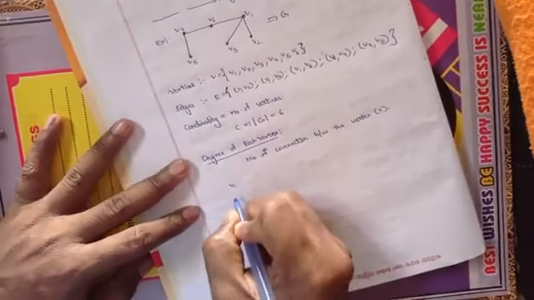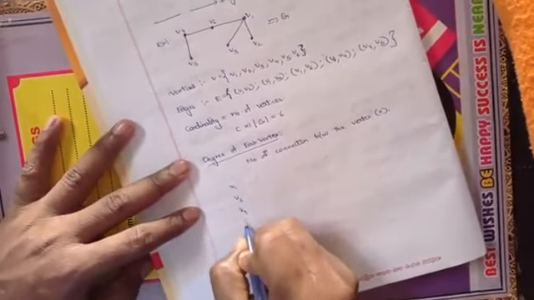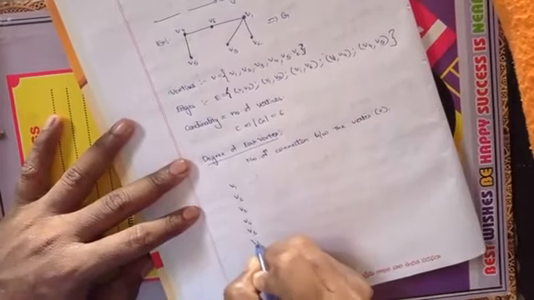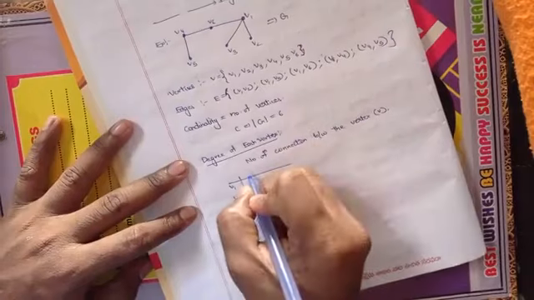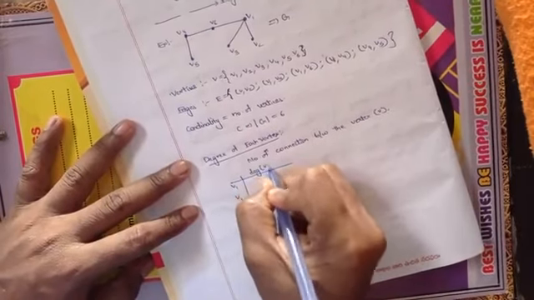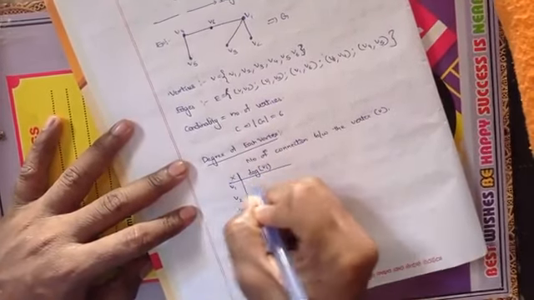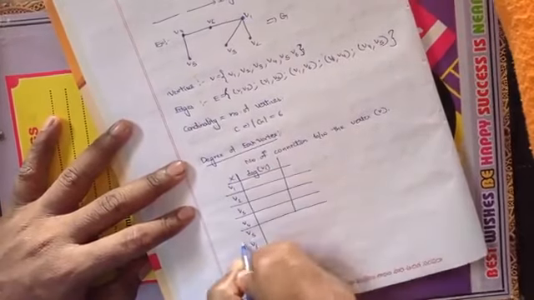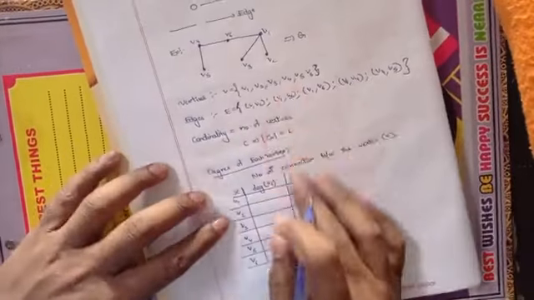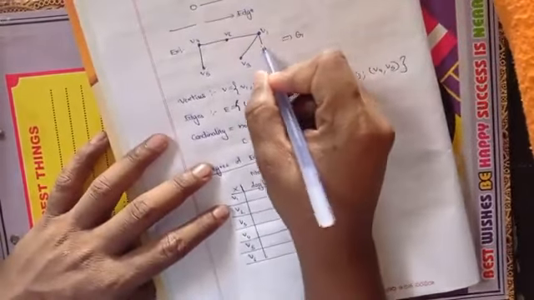So let me write all the vertices V1, V2, V3, V4, V5 and V6. We have 6 vertices. So for V1, V2, V3, V4, V5, V6, I have to find all the degrees. So for V1, how many degrees are there? 1, 2, 3.